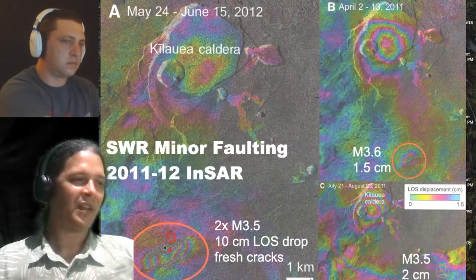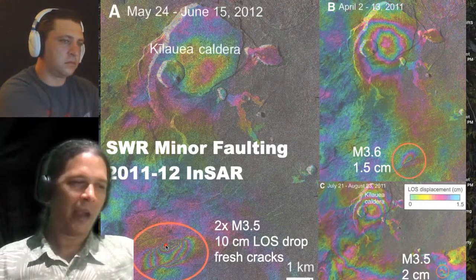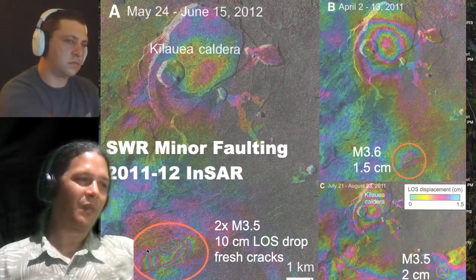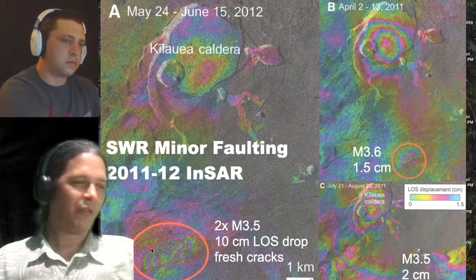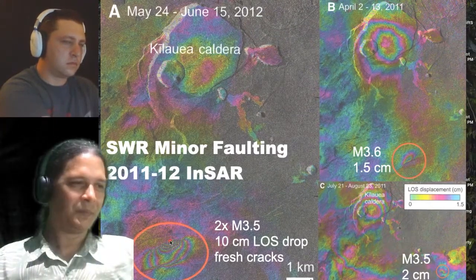So if they hadn't seen this event and gone out there to look again, where they had already mapped and looked and missed it the first time, they found it the second time, going back to look at these earthquake deformation impacts in the area. It's really fascinating.